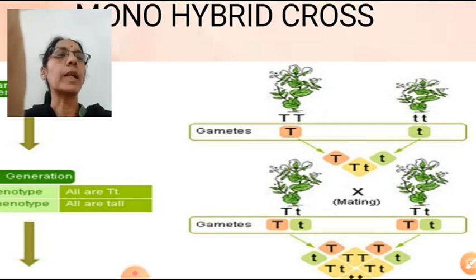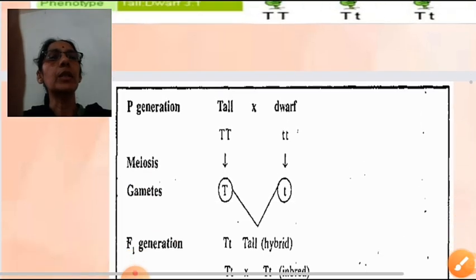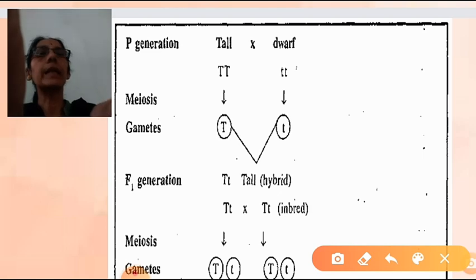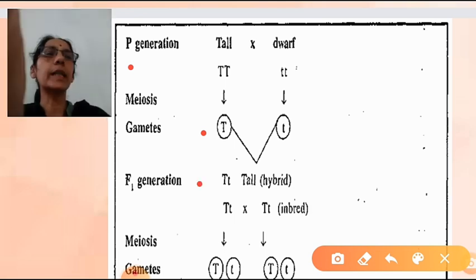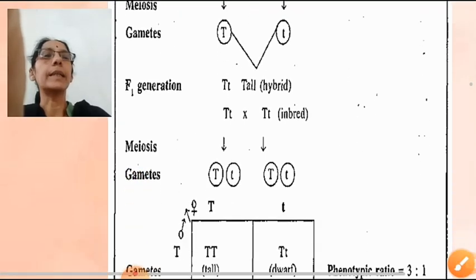So when you cross these, you will get the phenotypic and the genotypic ratio. Here you can see the parental generation is represented by the letter P. First you have taken a tall plant, then the gametes encircled, F1 generation heterozygous tall, and two F1 plants were taken here and they were crossed.